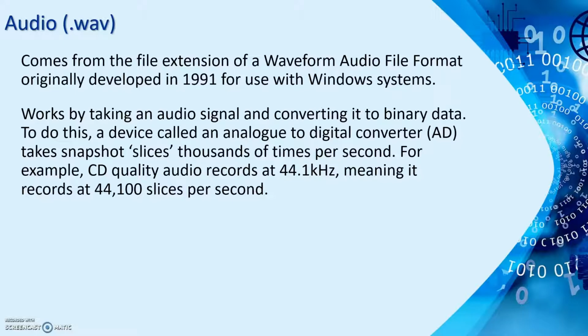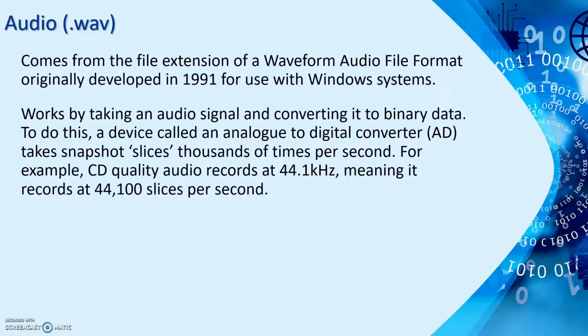For example, CD quality audio records at 44.1 kilohertz. Now, kilo means 1,000, hertz means times per second, so that means it records 44,100 slices per second.